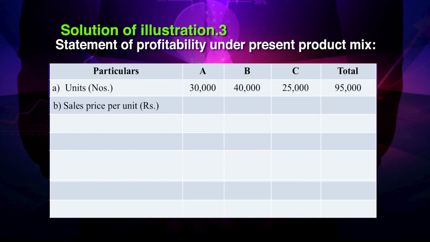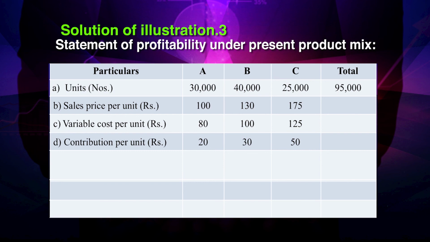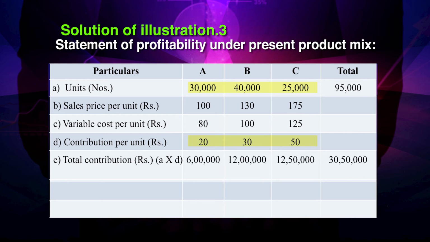Sales price per unit 100 for A, 130 for B, 175 for C. Variable cost per unit 80 for A, 100 for B, 125 for C. Contribution per unit, that is B minus C, it is 20 for A, 30 for B and 50 for C. Total contribution, that is A into D, 6 lakhs for A, 12 lakhs for B, 12,50,000 for C, totaling 30,50,000. From this, when we subtract the fixed cost of 25 lakhs, our present profit is 5,50,000.